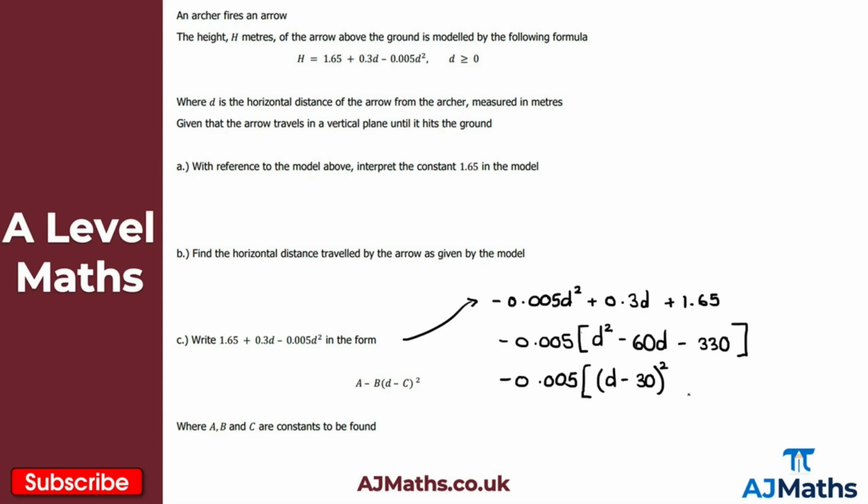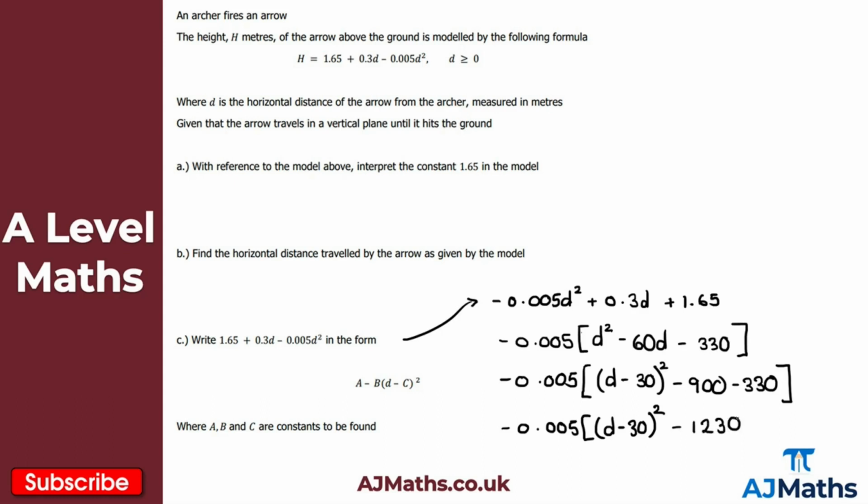Well, that would be 900, but we subtract this off, so we've got minus 900 minus 330. Okay. All we want to do now is simplify this square bracket. I get minus 0.005, the d minus 30 stays as it is, all squared. But this minus 900 minus 330 gives me minus 1,230.